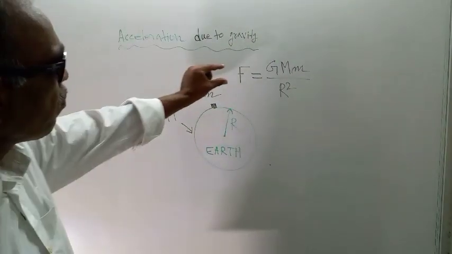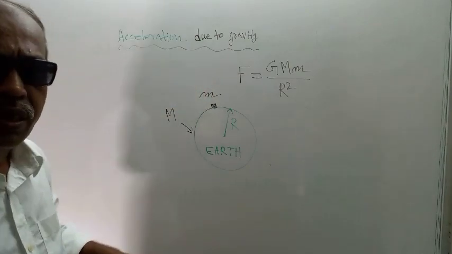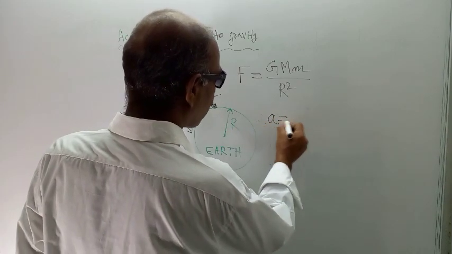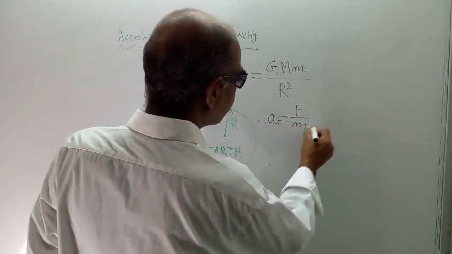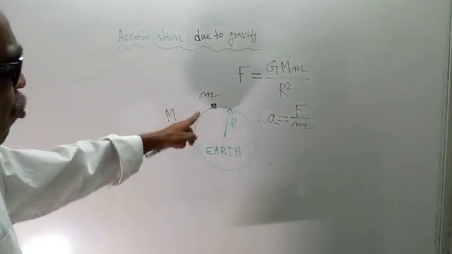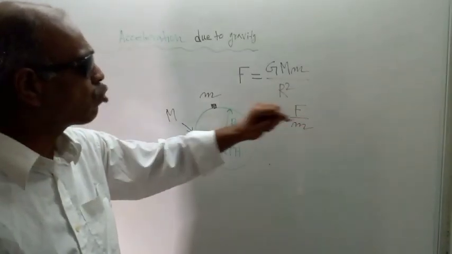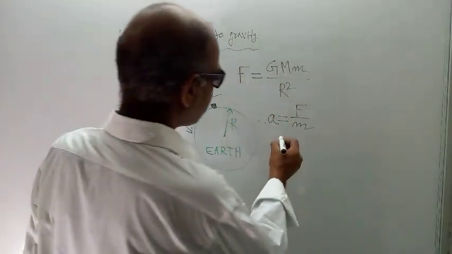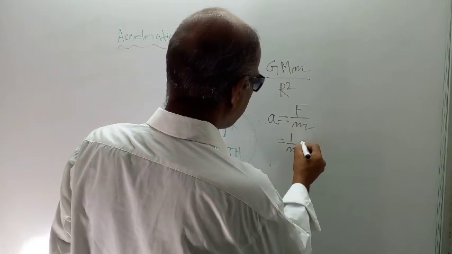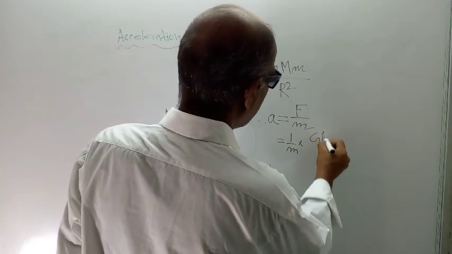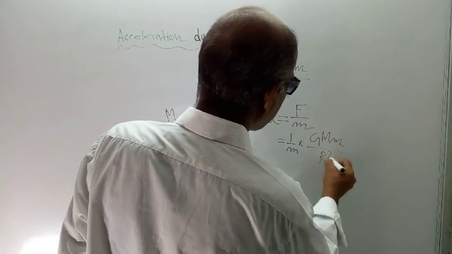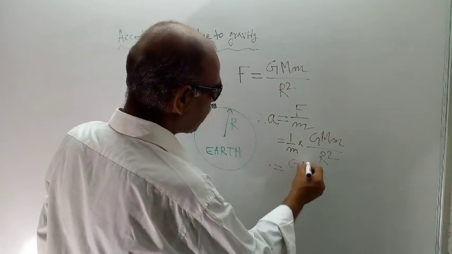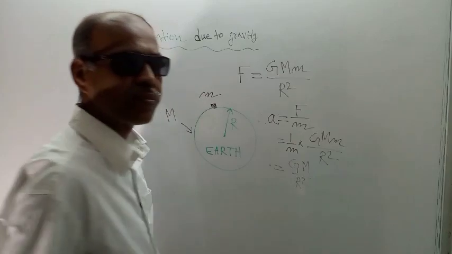Now, this much force is acting on this small object. Then what is the acceleration of that object? Acceleration of that object is equal to force divided by mass of that object. Force is this, divided by m, which is equal to 1 by m into G M m by R square, which is equal to capital G capital M divided by R square.